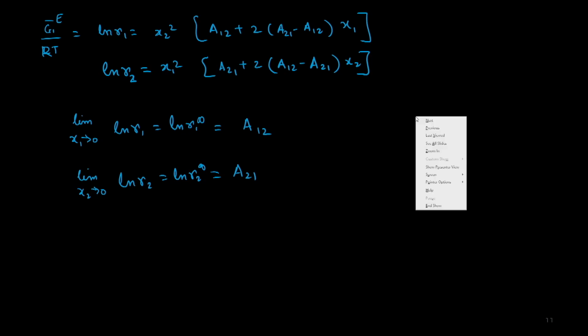So once I have a model for GE over RT, then I can use that model and obtain the activity coefficients from that information. The other popular model is what is known as the Van Laar model. In this particular model, what we do is we write a power series for the inverse of GE by RT x1 x2.